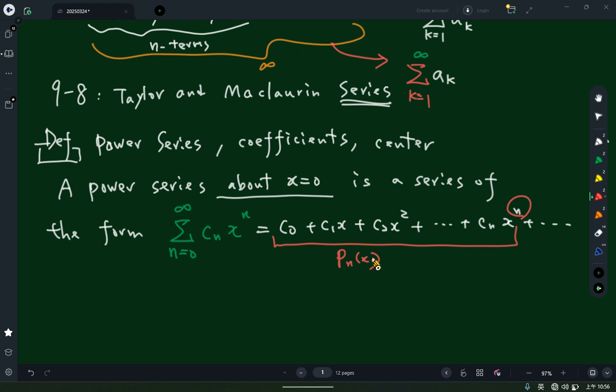That means the maximum power for this polynomial is n. Okay? So we can also try to expand it with n approaching positive infinity, right?